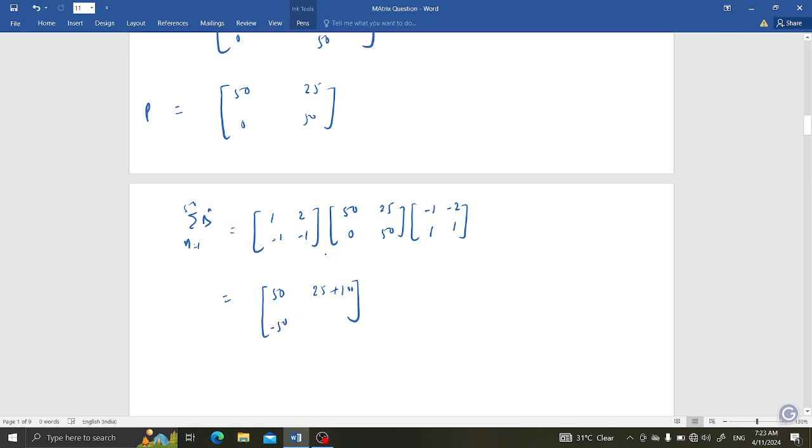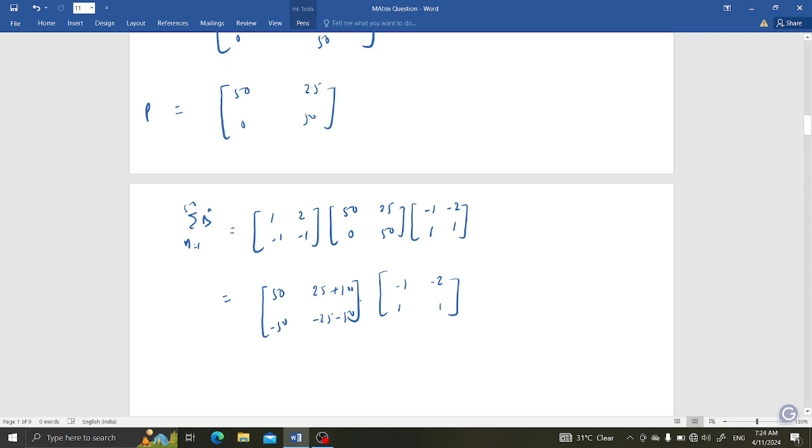Row into column, minus 50. Okay, really minus 50 will come. Okay, and row into column, next one, what we have? Row into column, minus 25 minus 50. Okay, and here we have minus 1, minus 2, 1, 1.